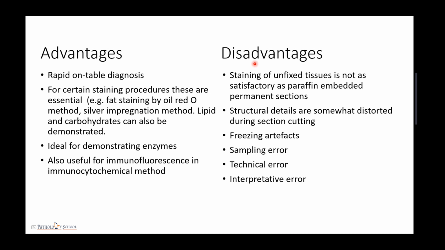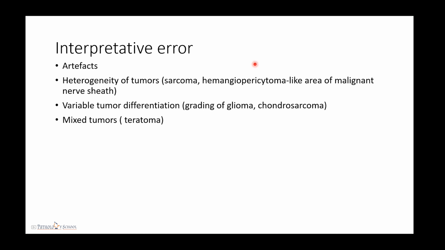Now, what are the disadvantages? Staining of unfixed tissue is not as satisfactory as in paraffin-embedded permanent sections. Also, the structural details are somewhat distorted during section cutting. There are chances of many freezing artifacts. Then there can be sampling error, technical error, or even interpretative errors.